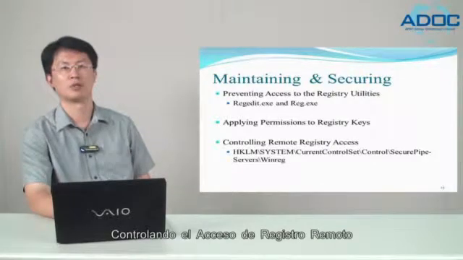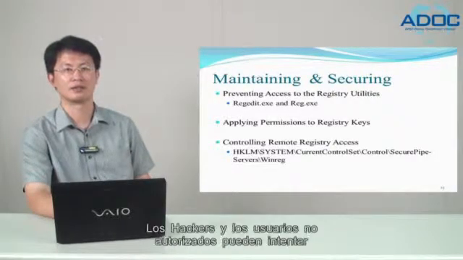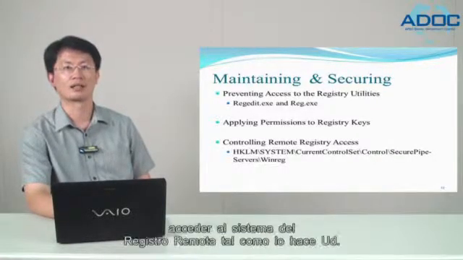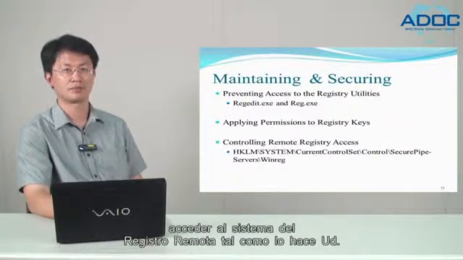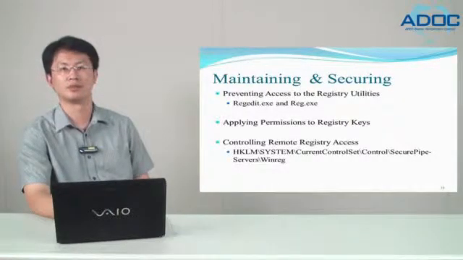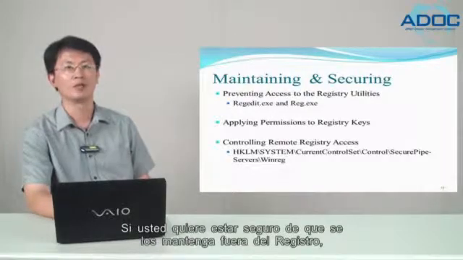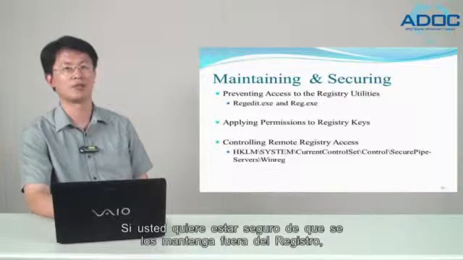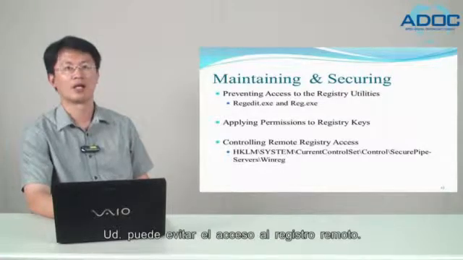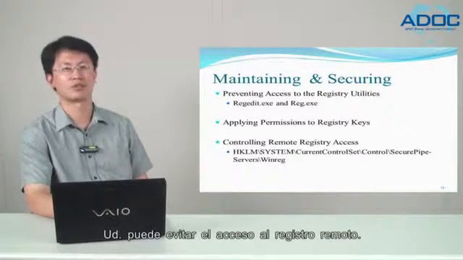Controlling remote registry access: hackers and unauthorized users can attempt to access a system's registry remotely, just like you do. If you want to be sure they are kept out of the registry, you can prevent remote registry access.